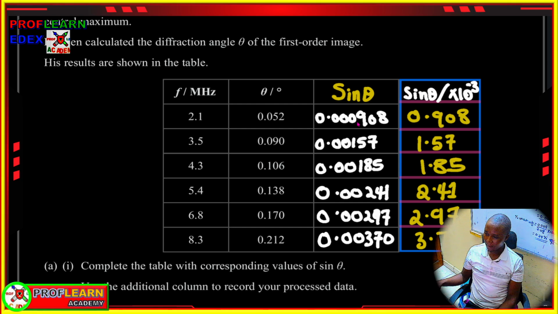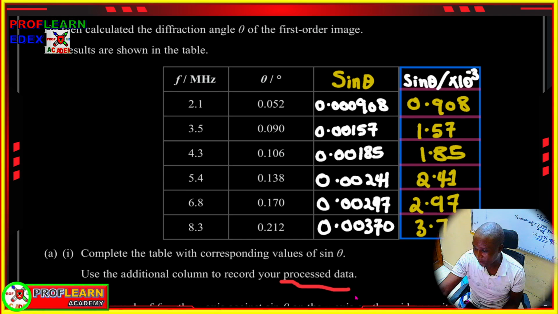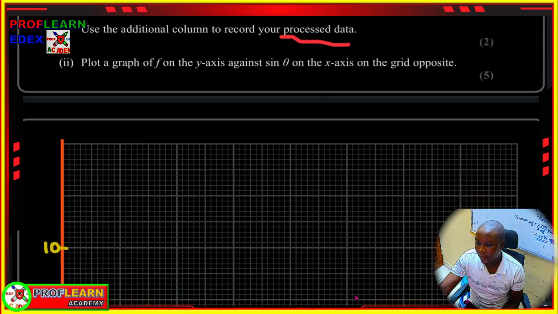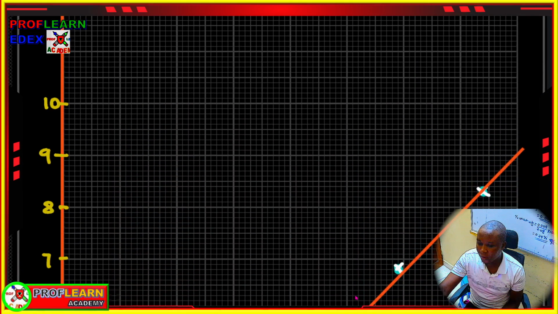If you just divide, you take the decimal point 2 steps forward so that we have 0.98. Then if you multiply by 10 to the power -3, it will take you back to this. So processing the data, that's what is being mentioned at this point. Now from there we can plot a graph.